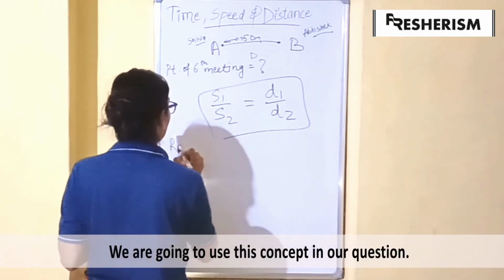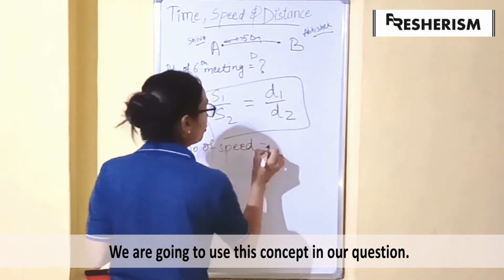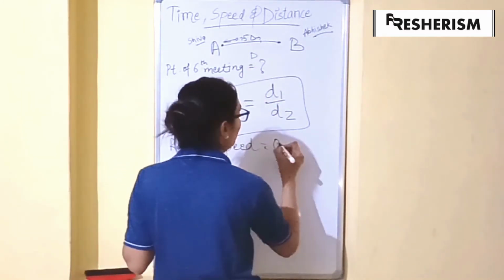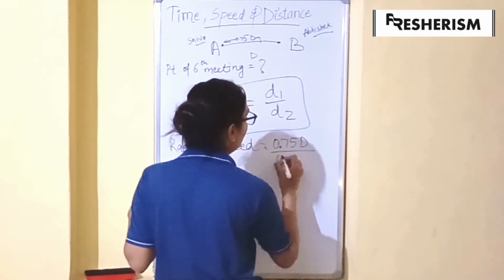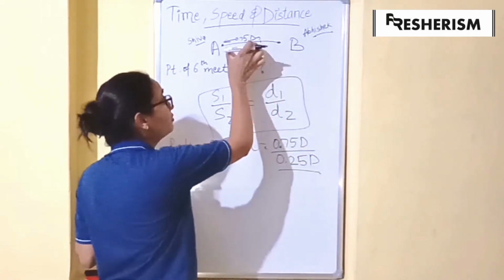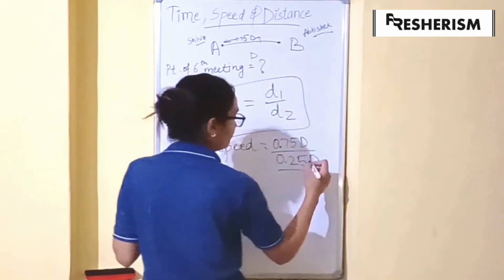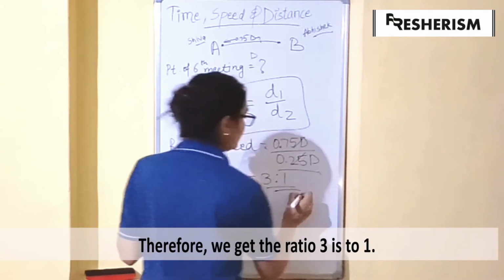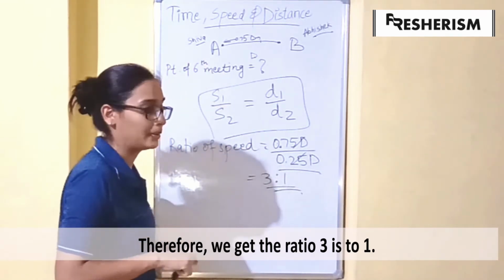The ratio of speed here will be equal to the ratio of distance, and the ratio of distance covered by Shiva and Abhishek will be 0.75 D upon 0.25 D. That is, the total is 1 D. So if this is 0.75, the rest will be 0.25 D. And upon cutting this further, we get 3:1. This is the ratio of speeds of the two runners, that is Shiva and Abhishek.